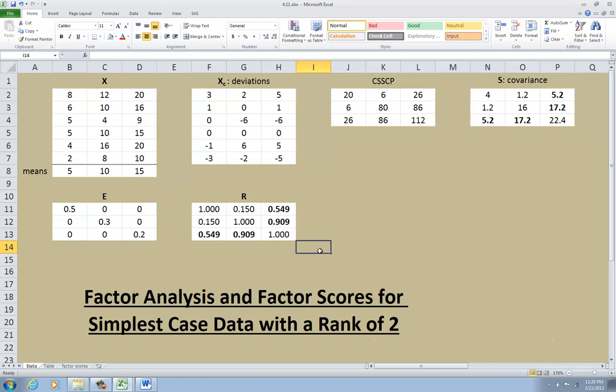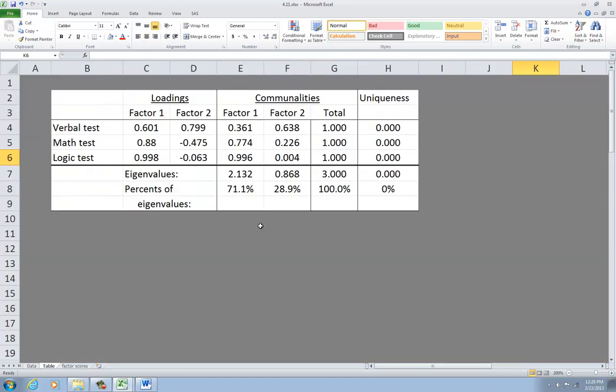Now, as we factor this correlation matrix by the process that we did in the previous videos, we can get a factor analysis summary table, which I've just copied from the book and put in here. And notice that the three communalities are equal to 1, signifying that all of the variance is accounted for in each variable.